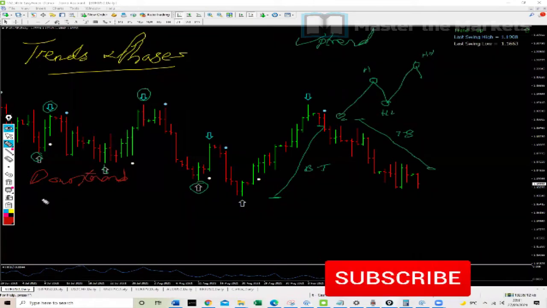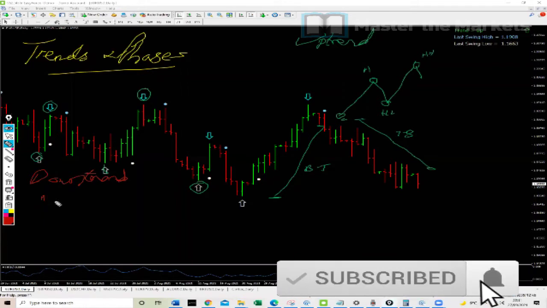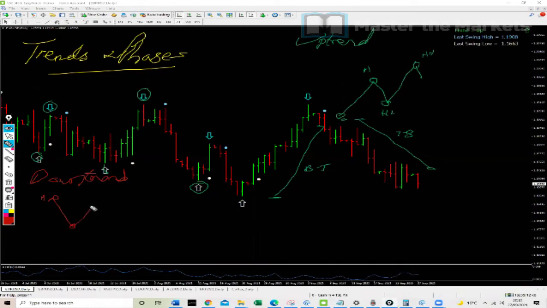So we start with a high, which then forms a low, which then forms a lower high, and then a lower low. High, low, lower high, and lower low. So these are the two trends in the markets. We've got an uptrend and a downtrend.